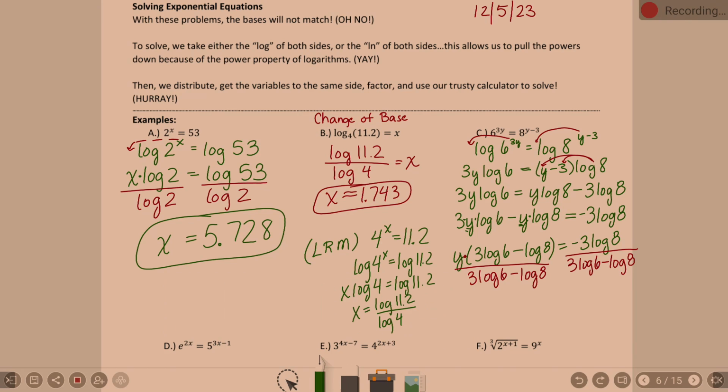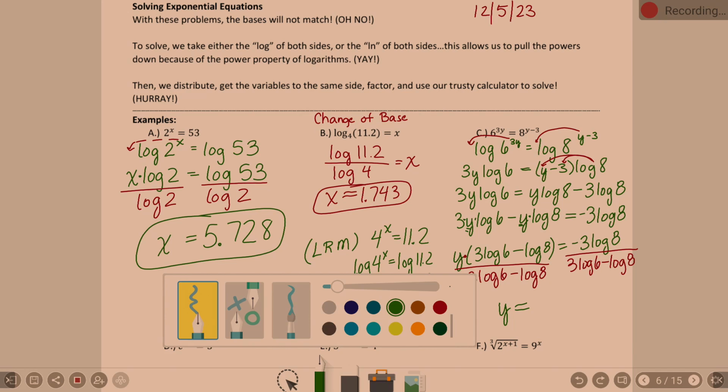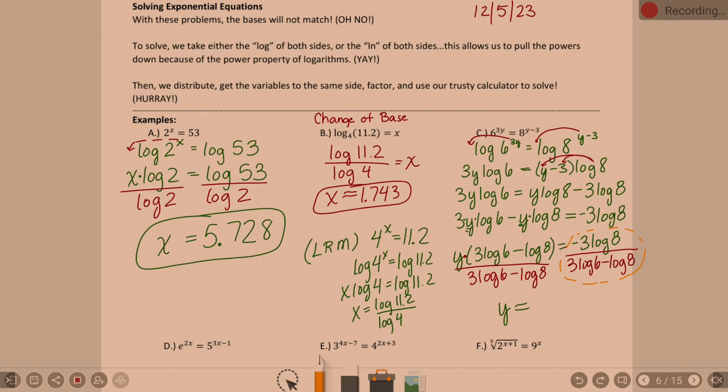Your answer is whatever you get when you plug that all into the calculator. So you're plugging that right there into the calculator. Negative 3 log 8 over 3 log 6 minus log 8. Could you have done some simplifying with the logs along the way?